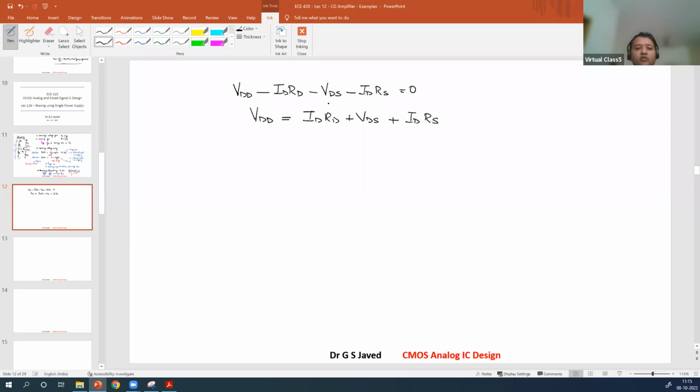Now, what all can we do as a reference? We need to get output gain, right? So maximize AV by maximizing this term.